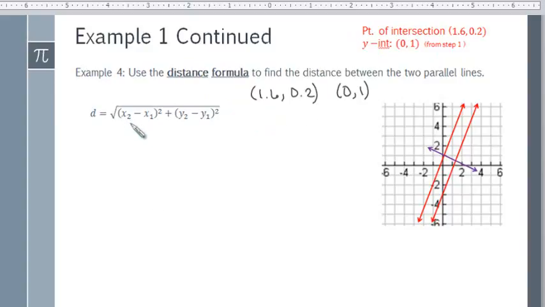Here's the distance formula to use. Remember, the x1 and y1, x2 and y2 come from the 2 coordinate pairs, or the 2 points. So I'll call this one x1, y1, and this one x2, y2. I'm going to substitute into my formula.